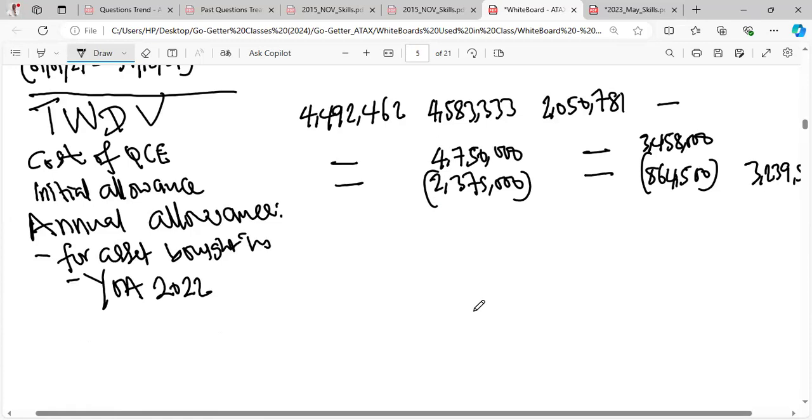So for those ones bought in year 2022, which is these two, motor van and furniture and fittings, we'll treat them first.